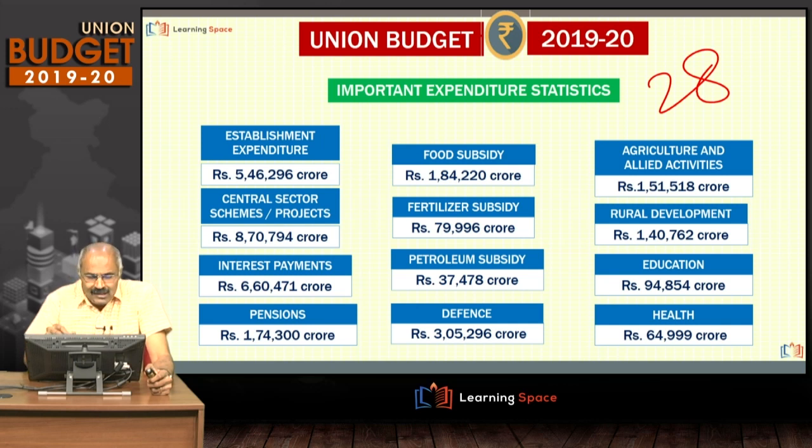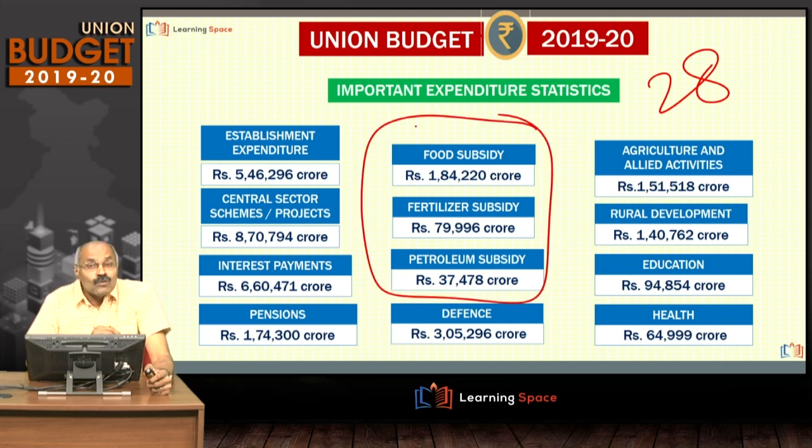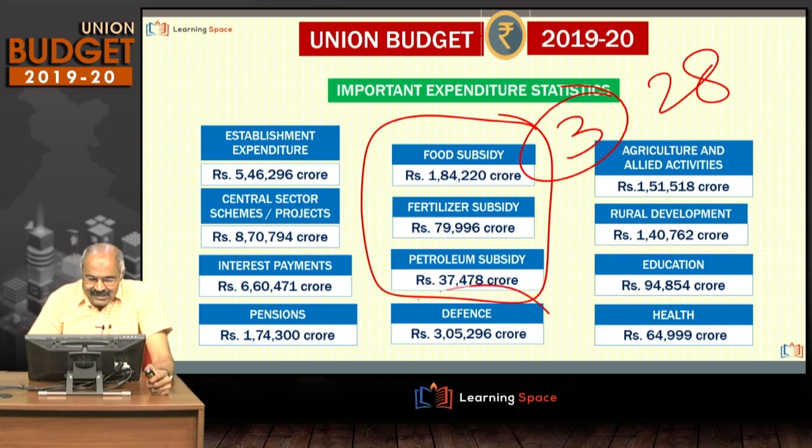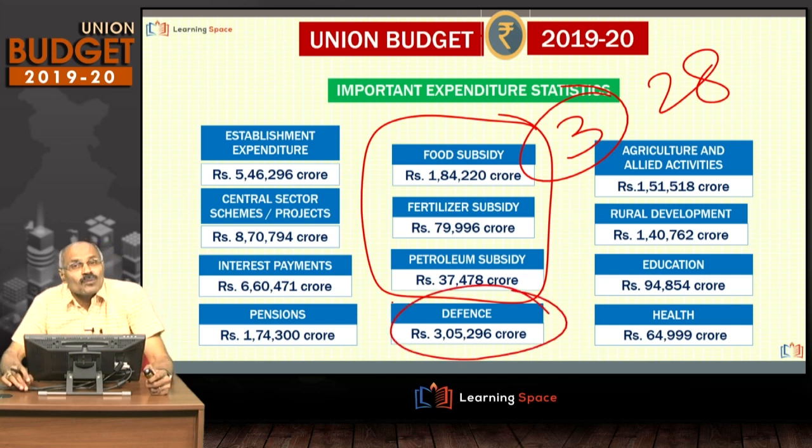And friends, these three subsidies, food subsidy, fertilizer subsidy, petroleum subsidy, put together are around 3 lakh crores of rupees. Defense is another 3 lakh crores of rupees, that is excluding defense pensions.